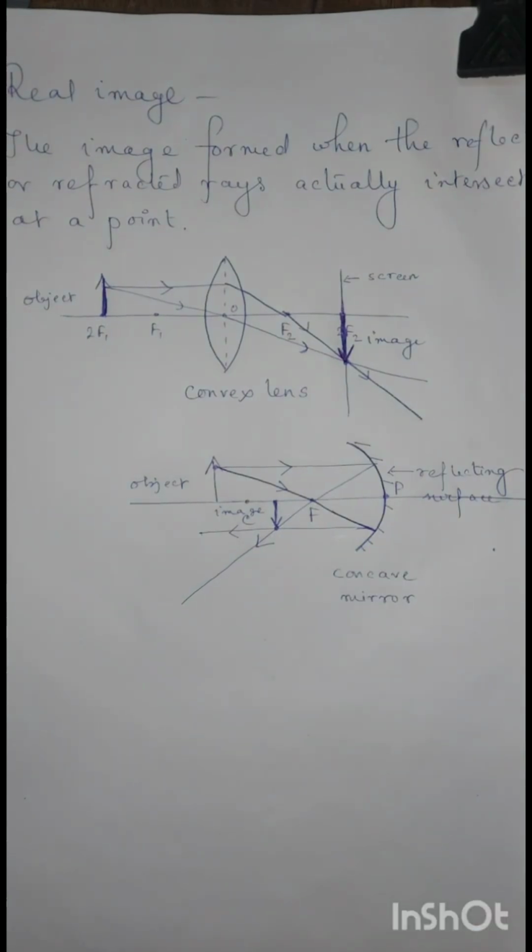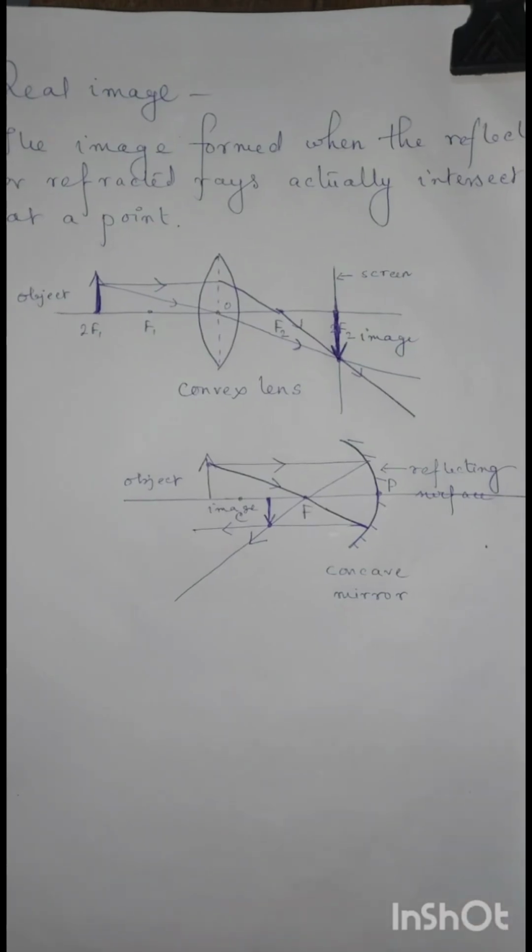Object and image are denoted by two arrows. The image is inverted again, just like before. So these two examples show us that when light rays after getting reflected or refracted meet at a certain point, they form real image. I hope you have understood it.